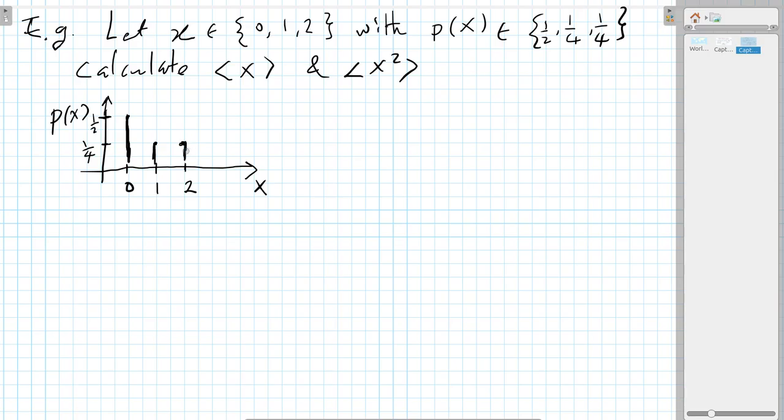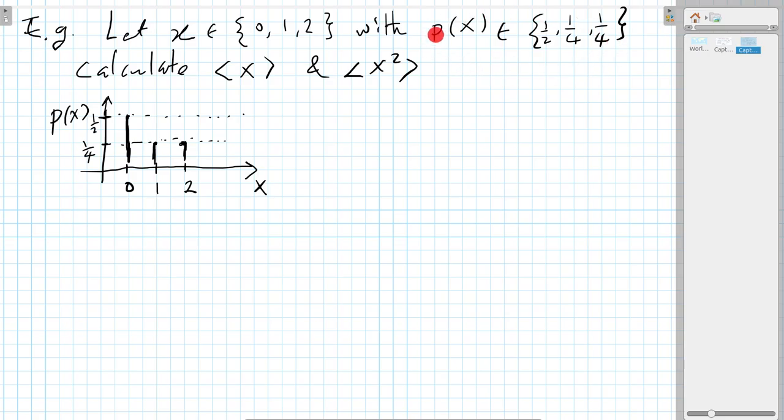So you can see the values are the same for 1 and 2, and for 0 the probability is 1 divided by 2. So the probability distribution is given completely. It's complete information which one can use.